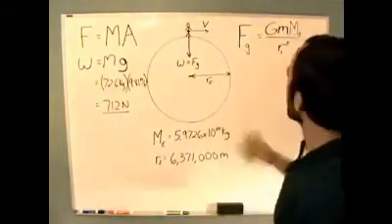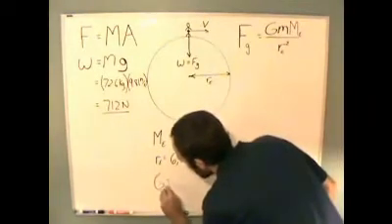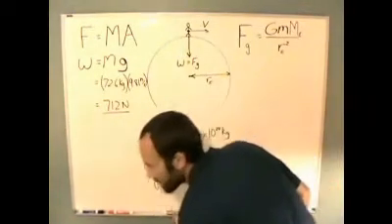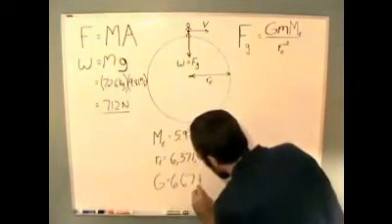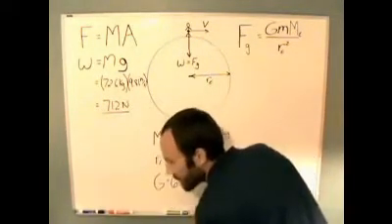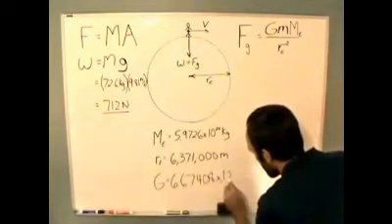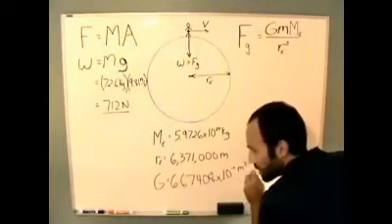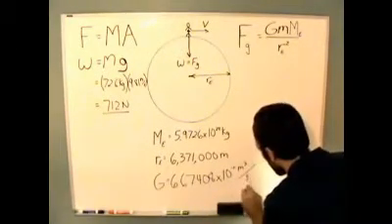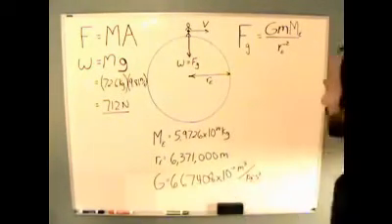Okay, and the gravitational constant, which I should have written down here, is equal to 6.67408 times 10 to the negative 11 meters cubed over kilograms times seconds squared. Okay?